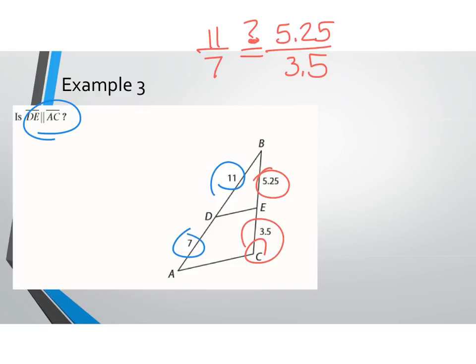If you do it the division way, 11 divided by 7 is 1.57, and it continues. 5.25 divided by 3.5 is 1.5. It has to be exactly the same, so those are not equal, so you're going to say no, not parallel segments.